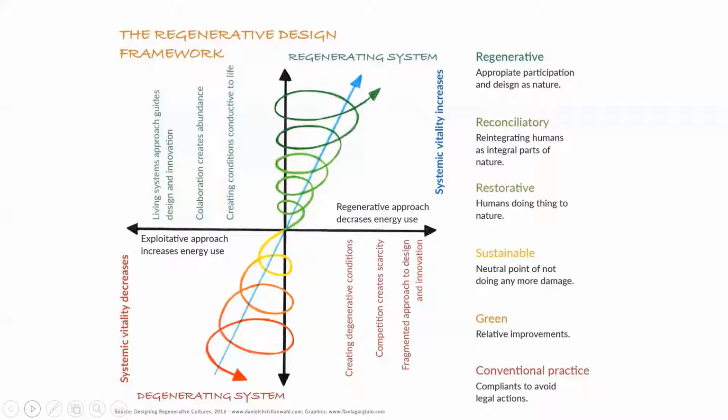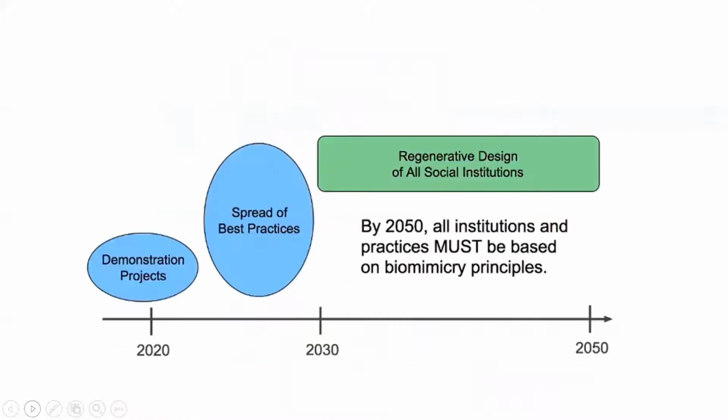You're looking at only one problem, which means that this is going to lead to fragmentation in your design. So basically, we need collaboration to generate abundance. We need to create conditions conducive to life. This means that we need to create better environments, and through urban planning, we design better environments.